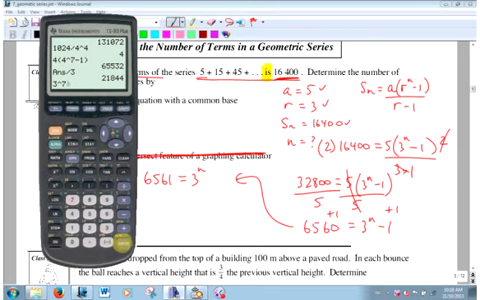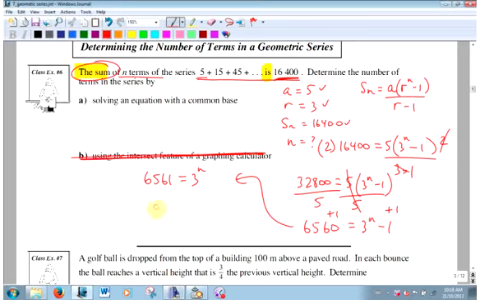How about 7? Close. How about 8? Hey, look at that. 6, 5, 6, 1 is 3 to the 8. Now don't get confused, there's no n minus 1 here. That's what n is, right?